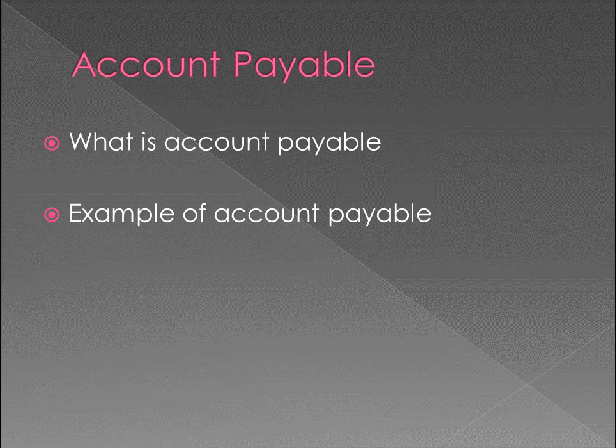If the payment is delayed until day 31, then the full amount of the invoice is due and a past due charge may apply. As invoices are paid, the amounts are recorded as reductions to the accounts payable balance in the liability section and cash in the asset section of the balance sheet.